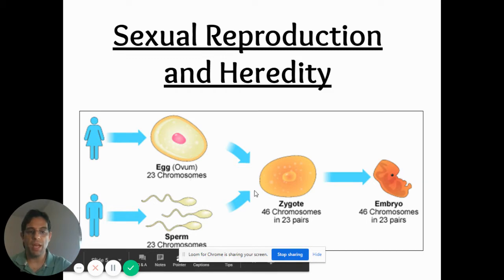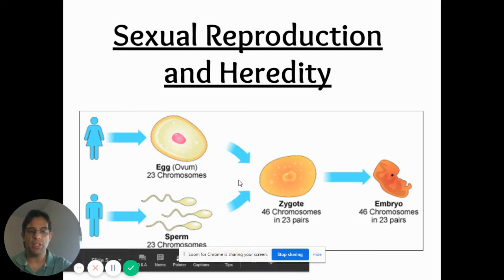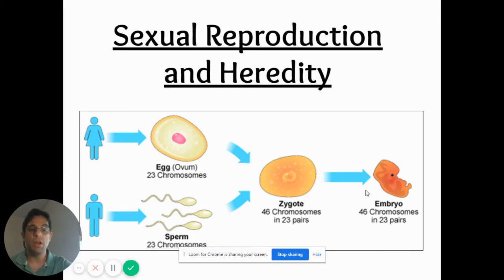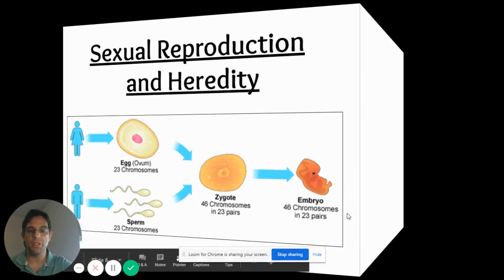When they combine together, they form a zygote with 46 chromosomes, or if you prefer, 23 pairs of chromosomes. Each pair comes from each parent. And this zygote now, after several processes of mitosis, will grow into an embryo and later a baby and later you, still with 46 chromosomes or 23 pairs if you prefer.